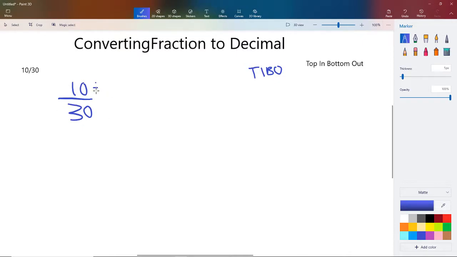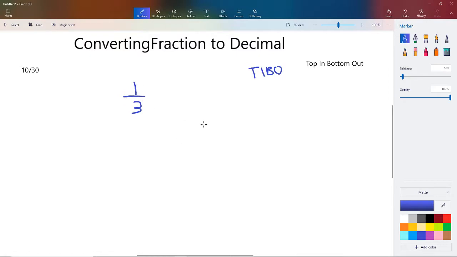It can be divided by 10. Can't be divided by 2, but we're going to do 10. 10 divided by 10 is 1. 30 divided by 10 is 3. Cool. So now our fraction turns into 1/3.